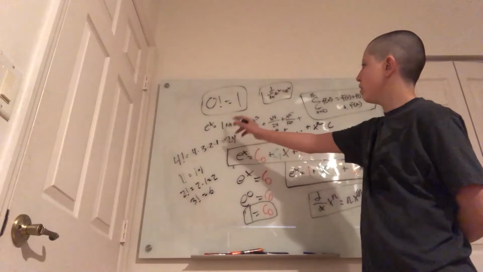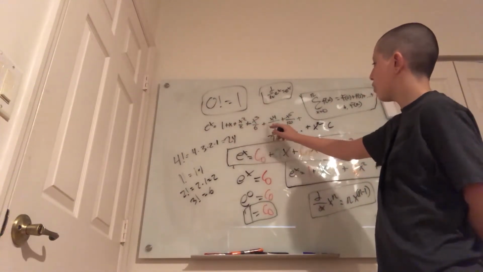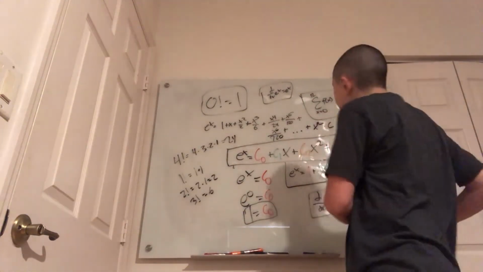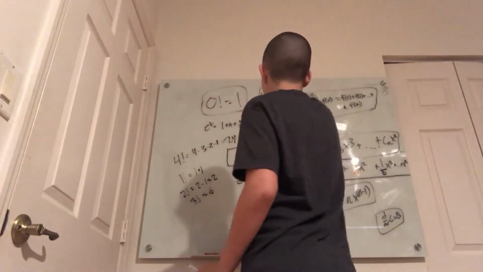Well, this kind of looks like 1 plus x plus 2 factorial plus 3 factorial plus 4 factorial plus 5 factorial. That looks peculiar, right? So can't we just put this for sanity?